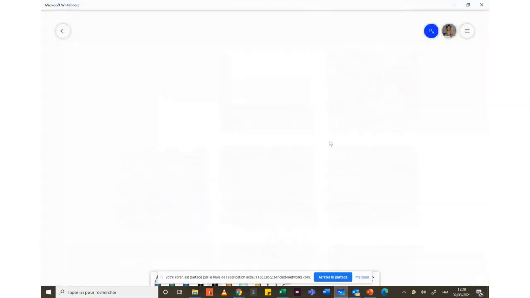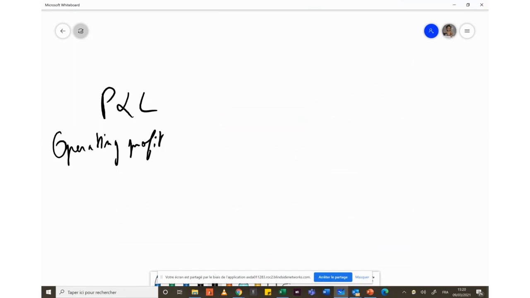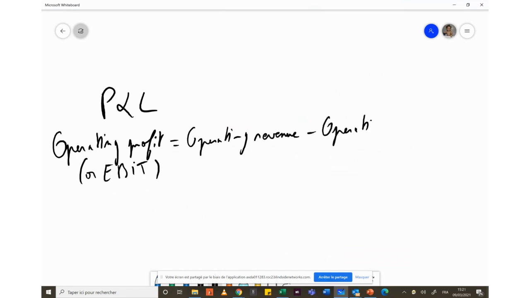So in your P&L, you have the calculation of the operating profit. Operating profit, or EBIT, is equal to the operating revenue, mainly sales revenue, minus operating expense. The operating expense are in function of the sales revenue.